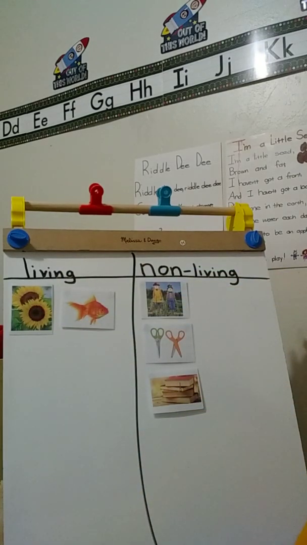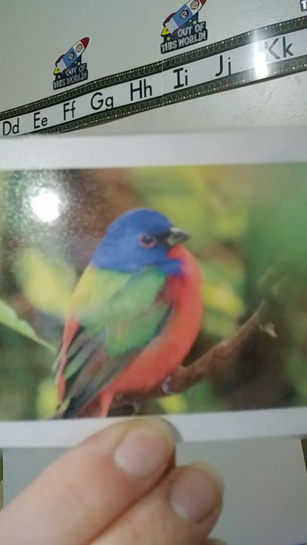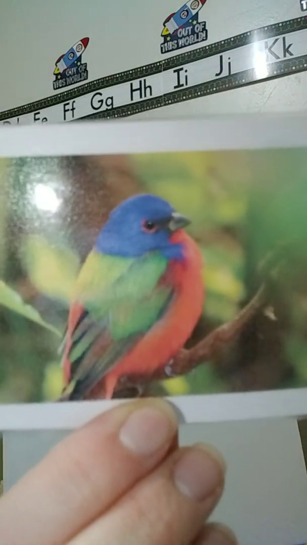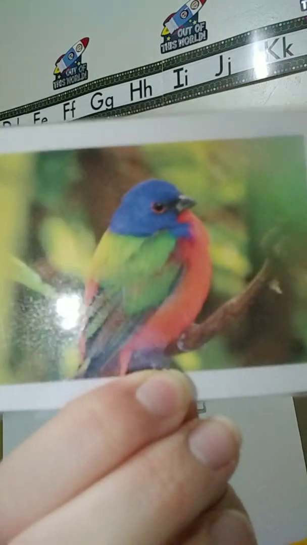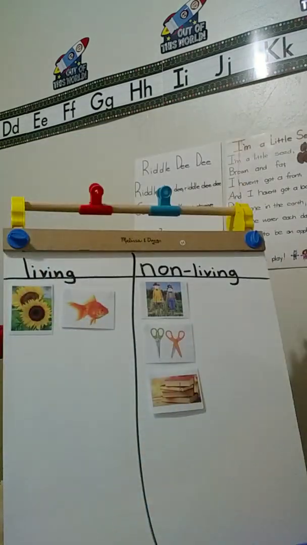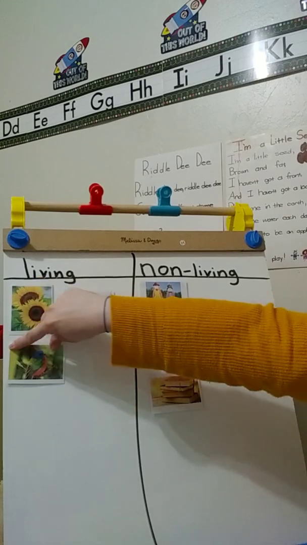Let's look at another one. Look at this beautiful creature. It's a bird. It moves. It reproduces. It feeds itself, right? And so that means, is it living or non-living? It means it's living. So I'm going to put it under living.